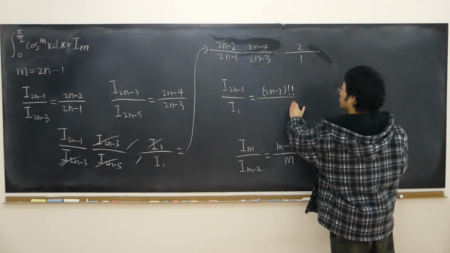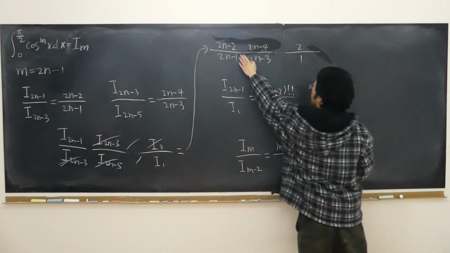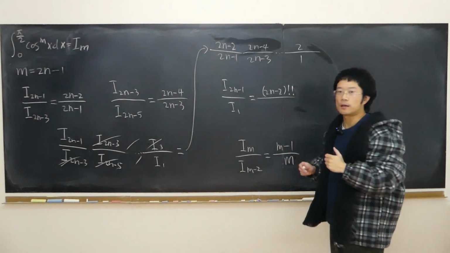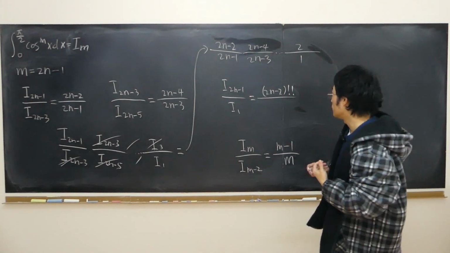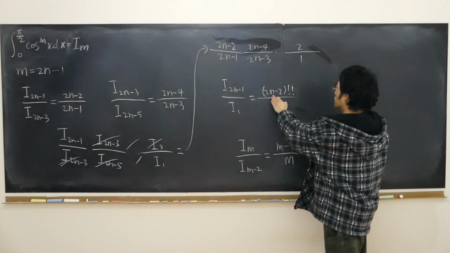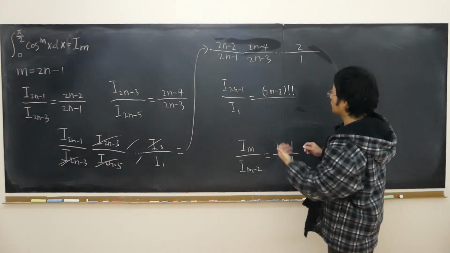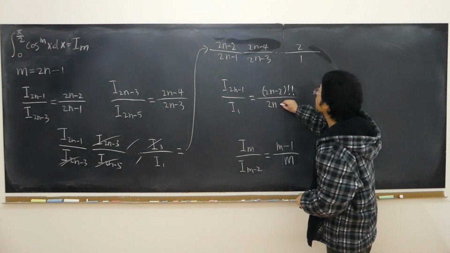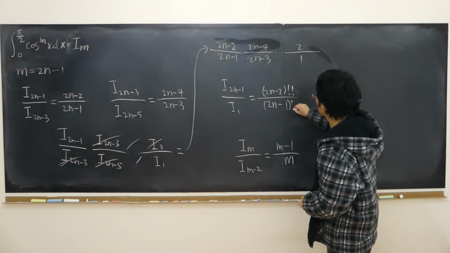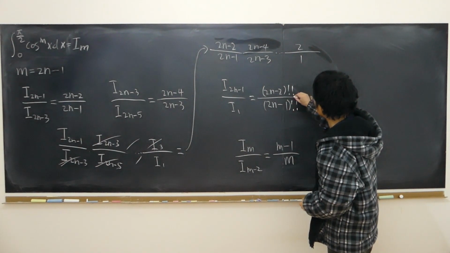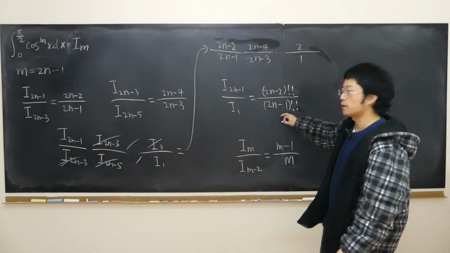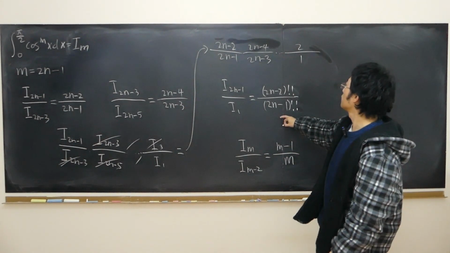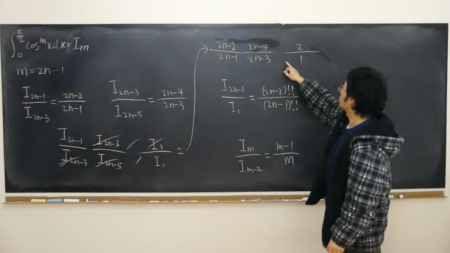And when I say double factorial, if it's an even number, that means the product of all the positive even numbers, starting from 2n minus 2, all the way down to 2. And likewise, 2n minus 1 double factorial means the product of all the odd numbers starting from 2n minus 1 all the way down to 1. Right? It's 5, 3, 1.